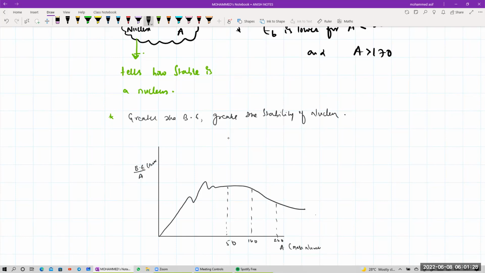So the 50th element, almost iron, 56 Fe, is the most stable of all the nuclei. Iron is the most stable.